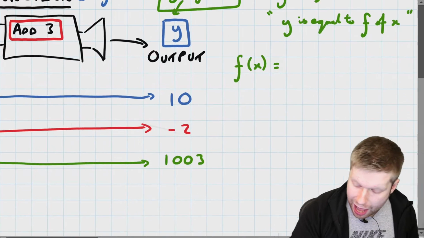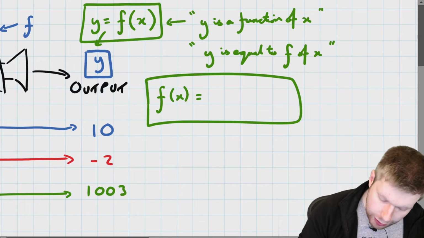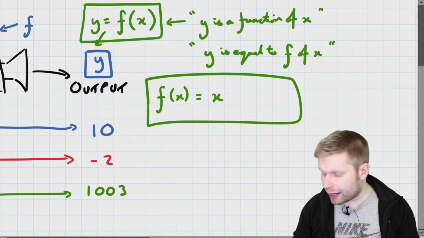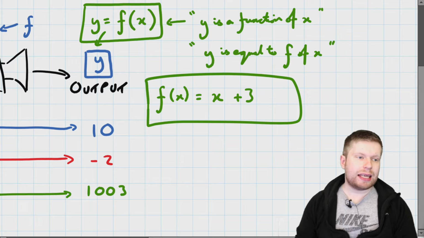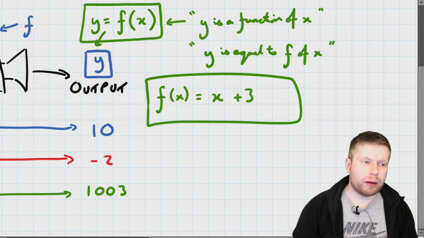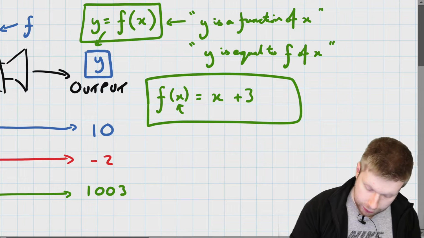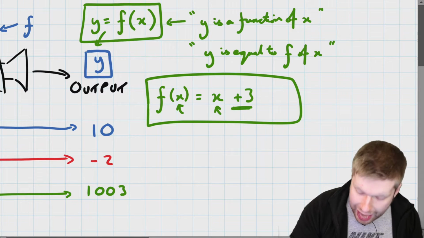So I can say that f of x is equal to taking my input, which remember I'm giving the letter x, and adding 3 to it. So I can say that f of x is equal to x plus 3. Just simply think of that as my input is x, and I get my function by taking that input and adding 3.